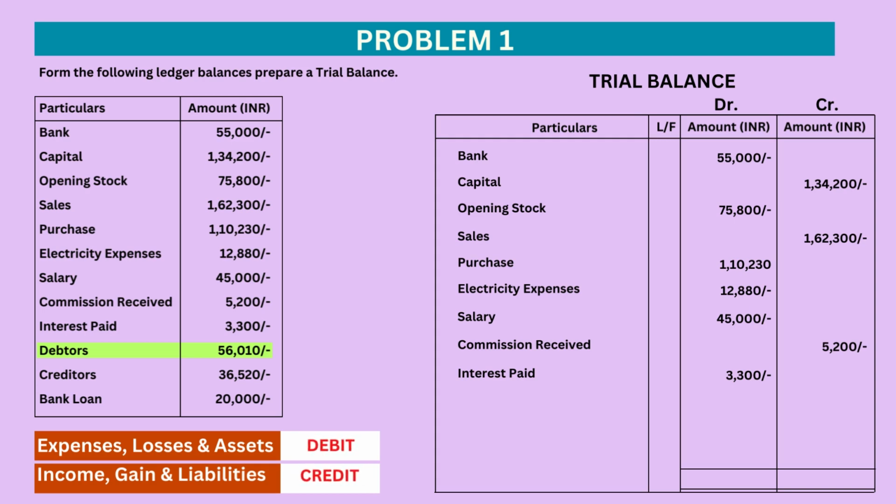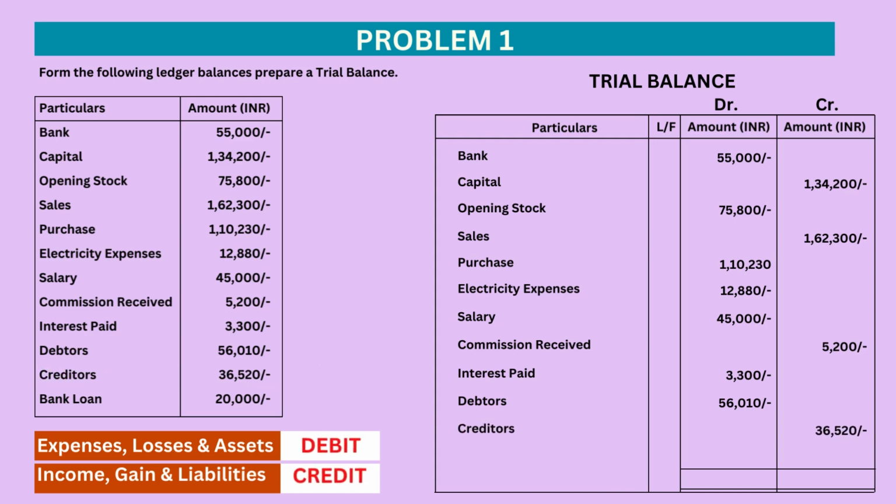Thus it falls under asset and will be debited. Creditors. From whom goods are purchased is a creditor, or a creditor is a person or company to whom money is owing. It means it is a liability and will be posted on the credit side.